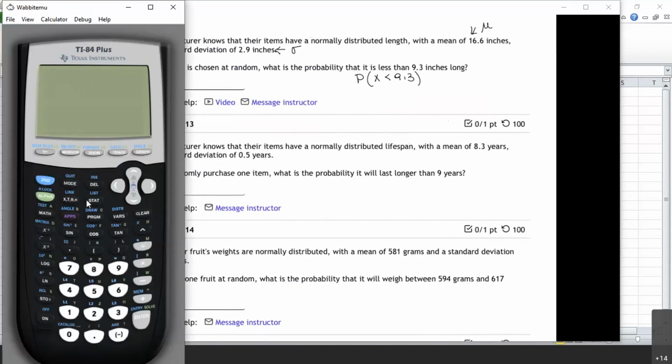Okay, remember, these are on the second VAERS distribution, so second VAERS. I'm always going to use normal CDF. And again, the lowest value I'm interested in, there isn't any, so I'm going to leave my negative infinity in here for my low value.